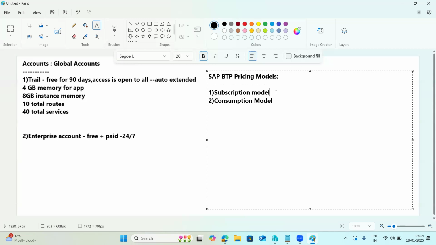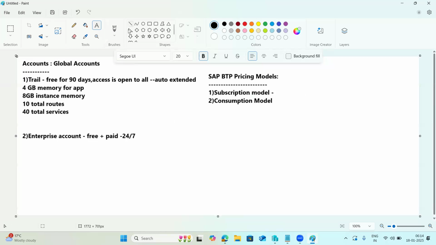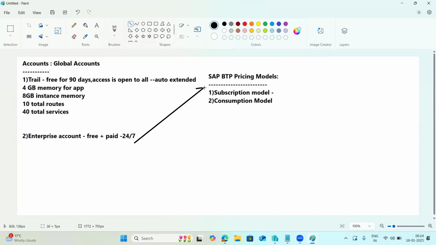What is meant by the subscription-based model? There are two types of BTP pricing models; normally we call them licenses. This is applicable only for enterprise accounts, not the free account. Free accounts are free.